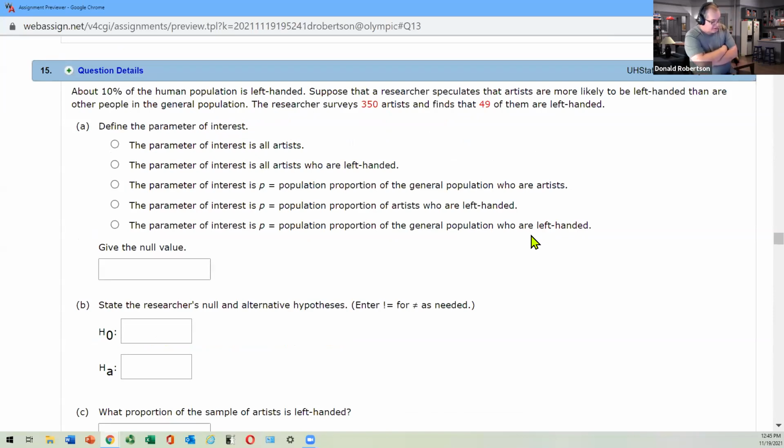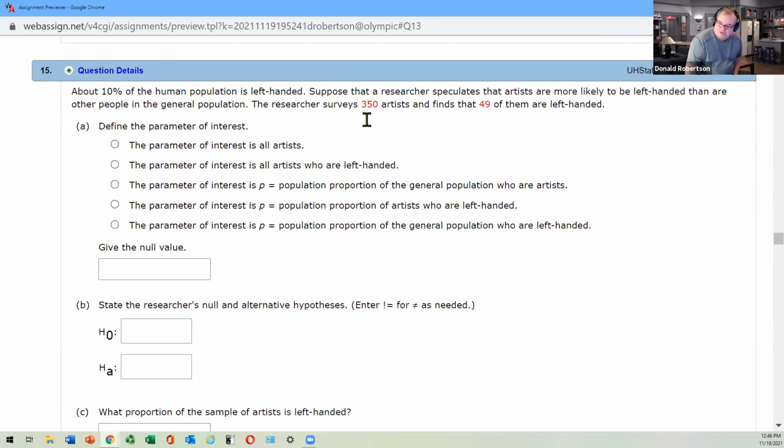So next question, 15. About 10% of the human population is left-handed. Suppose that a researcher speculates. Actually, now I read this question, isn't that basically the same question we did earlier? So let's see if we can jump right into it. Isn't the parameter of interest?